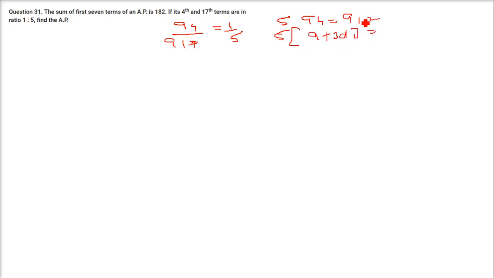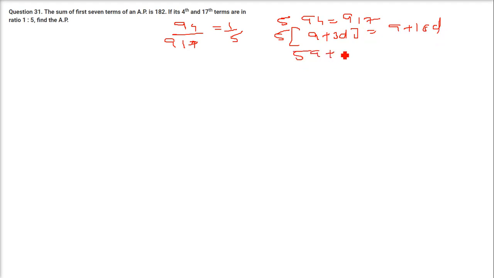The sum of first 7 terms of an AP is 182. If its 4th and 17th terms are in the ratio 1:5, find the AP. So the 4th and 17th terms, A4 by A17, is 1:5, so 5A4 equal to A17. A4 is a plus 3d, A17 is a plus 16d.